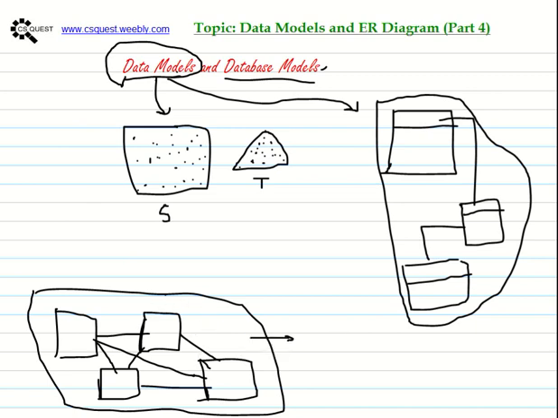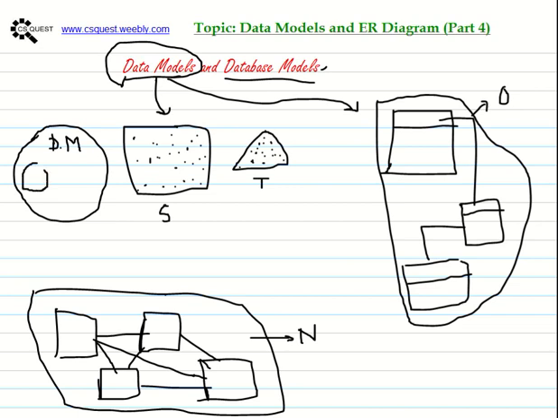So for this we get a network database model. For this we get an object oriented database model. That means I can say that data models are the mother of all the database models.